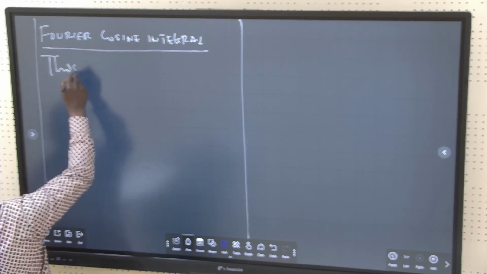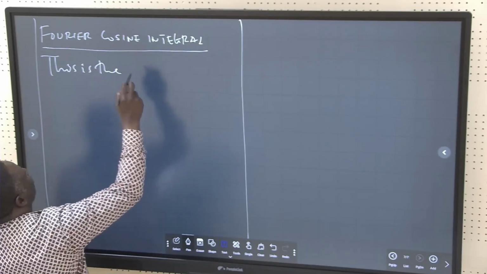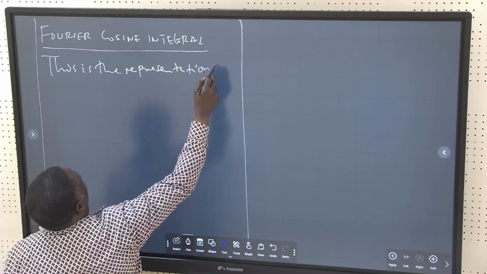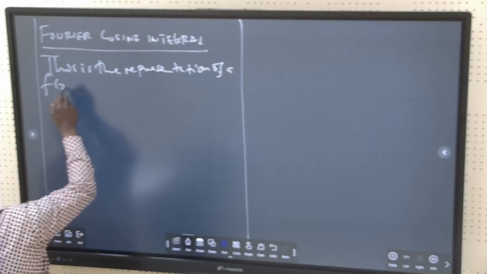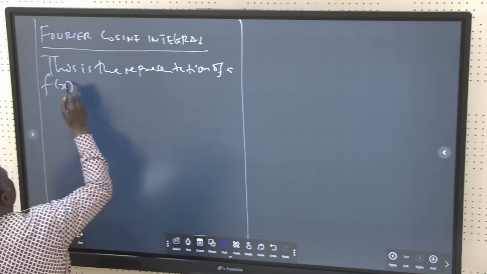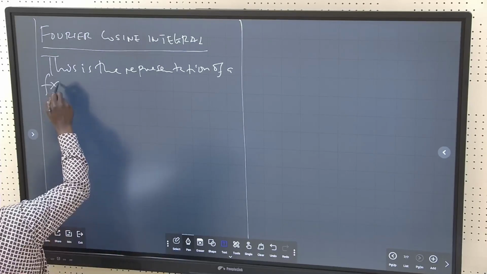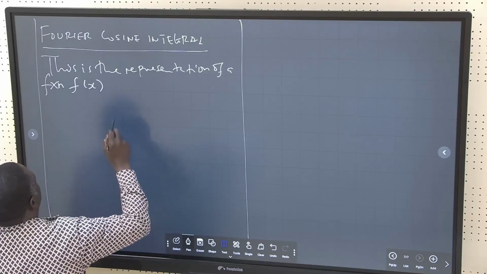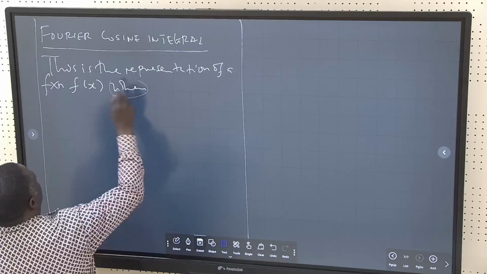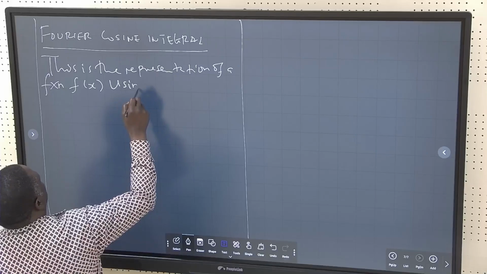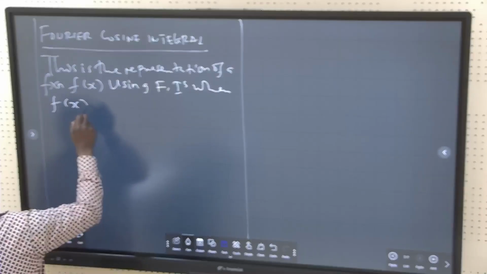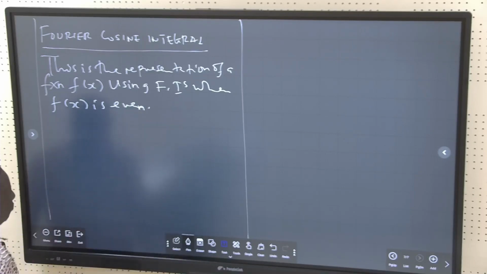So this is the representation of a function f of x using Fourier integrals, but when f of x is even.